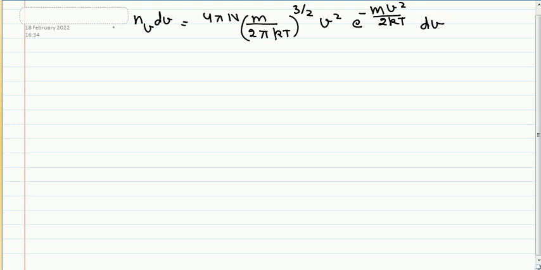So this is our distribution function, and now we will calculate the most probable speed, which is V most probable. Most probable speed means that speed which is possessed by the largest number of the molecules. So that speed is known as the most probable speed.